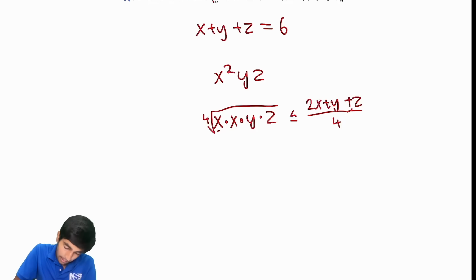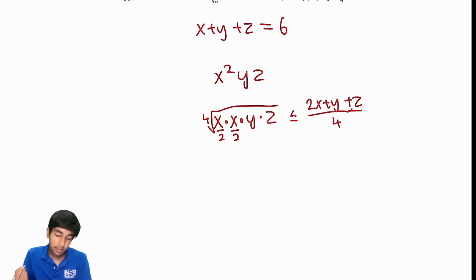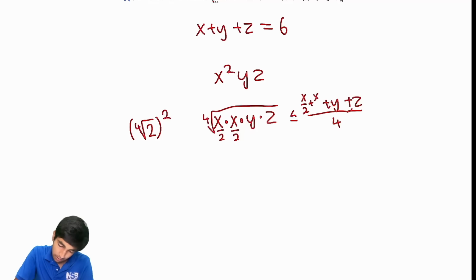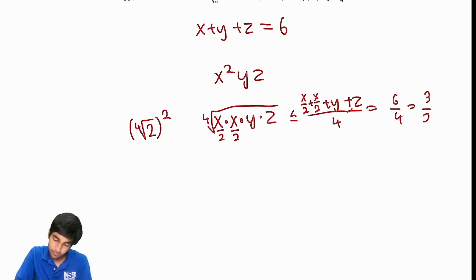Let's just put x over 2 here, and to compensate for this, we'll multiply by the fourth root of 2 squared. But take a look at this. Now it's just x over 2 plus x over 2 plus y plus z, which is x plus y plus z, or 6 over 4, 3/2.